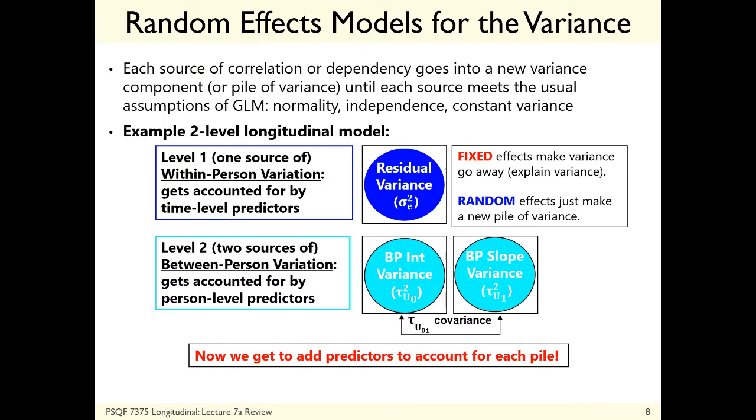Then you would end up with something like this, where, for instance, if I have individual differences in linear change, that means I have 2 kinds of level 2 variances to be predicted: between-person intercept and between-person linear slope. Time-invariant predictors are what's going to predict those. Level 1 residual variance is why are you off your line today? Level 1 time-varying predictors capture that.